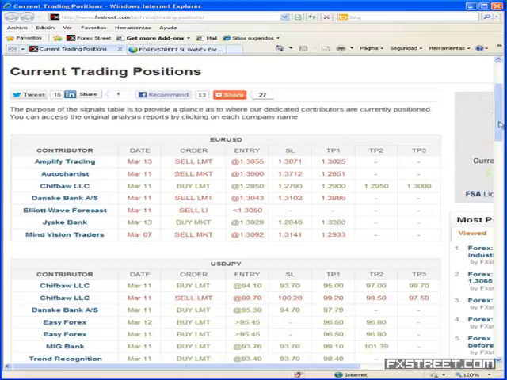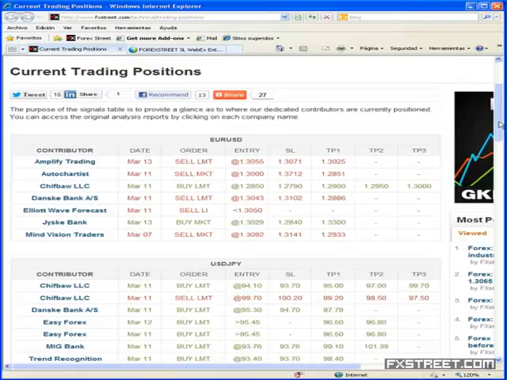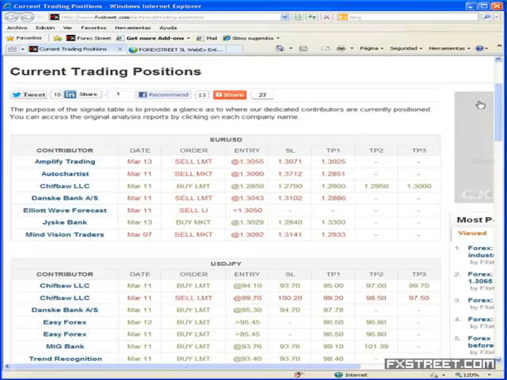Simply as that. It's not to be understood as a signal service, but rather a proxy for an order book or a market profile. The way this page is organized is by currency pairs.